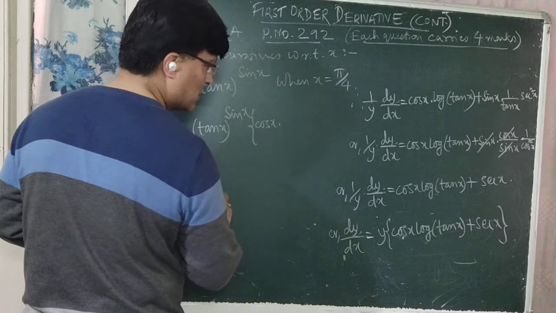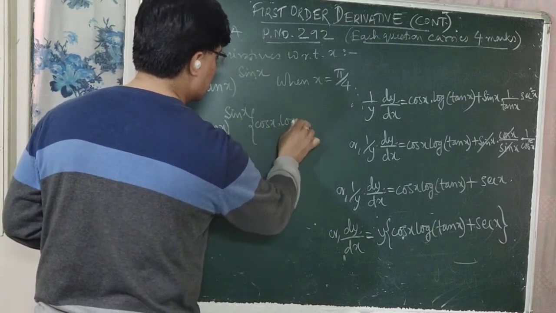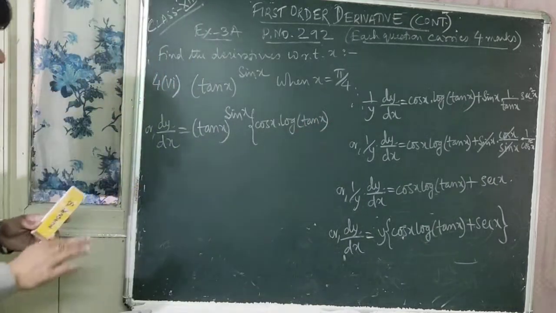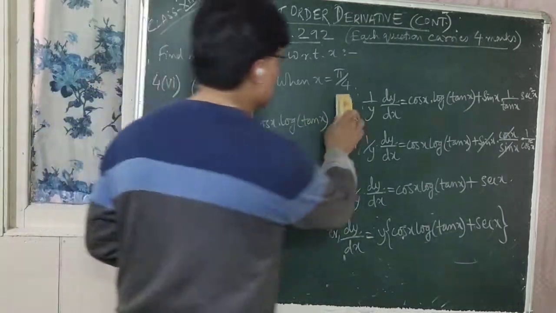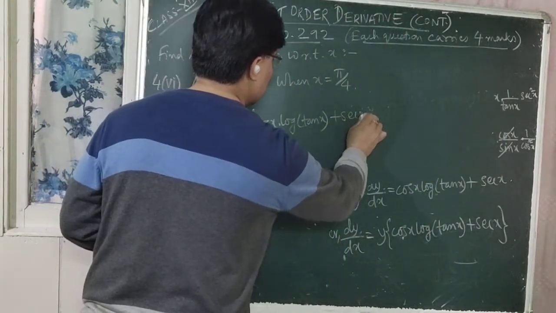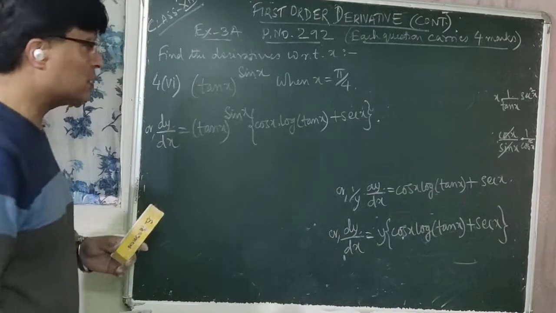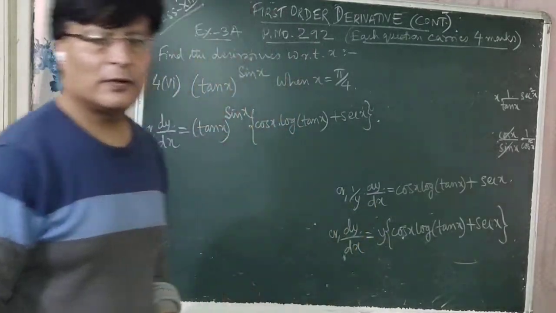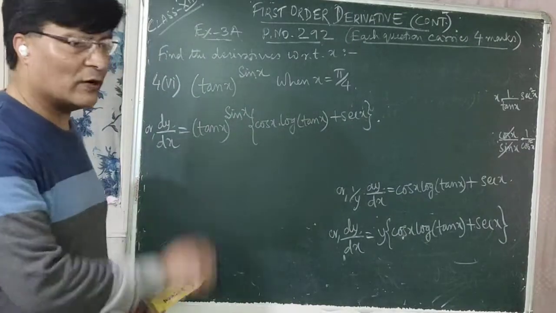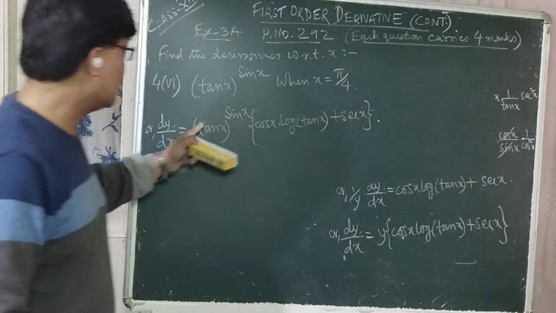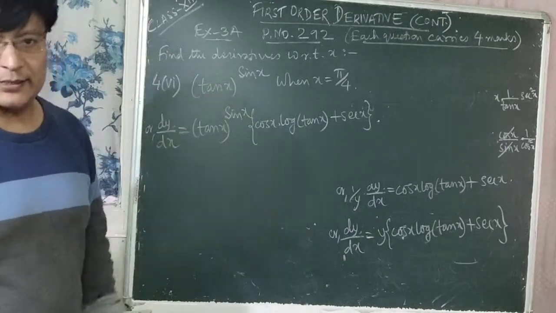It is cos x into log of tan x, then plus sec x. Here second bracket is closed. So on the right hand side, we have substituted the value for y. What is the value for y on the right hand side? It is tan x whole to the power sin x.